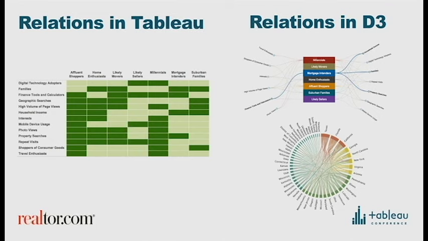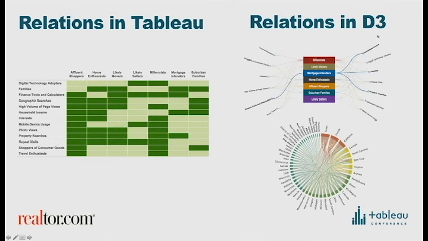And here's another reason why we want to do this. For example, sometimes you want to visualize relational data in Tableau, and I believe the one on the left-hand side should be the best one you can find in Tableau. It's just a color matrix.